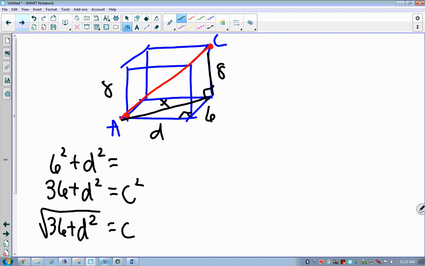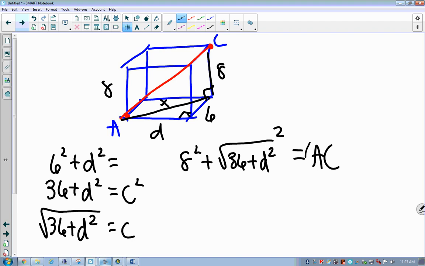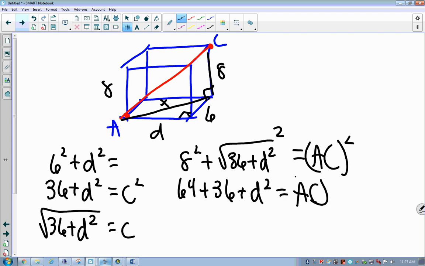And if you'll notice, my 8 is my other length. So 8 squared plus the square root of 36 plus d squared, squared, equals AC squared. Well, this is 64. If I square that, I get 36 plus d squared equals AC squared. 36 and 64 is 100.